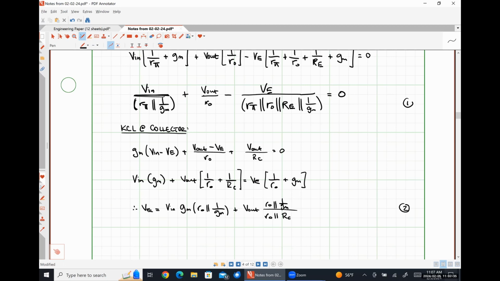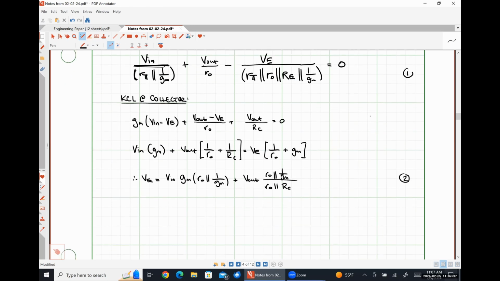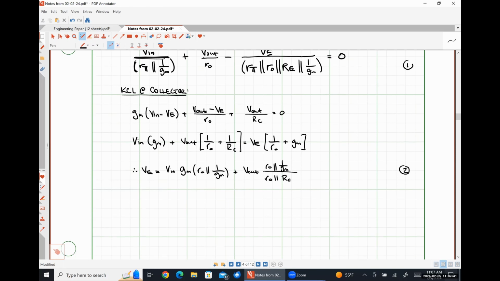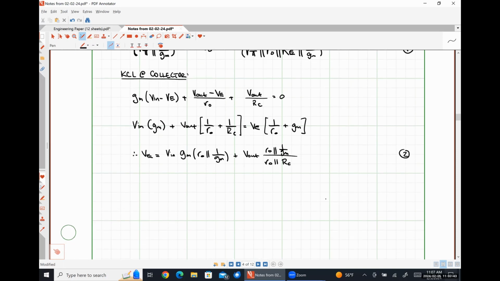Just doing simple substitution. And we're going to get something horrifying. So substituting two into one yields the following result.